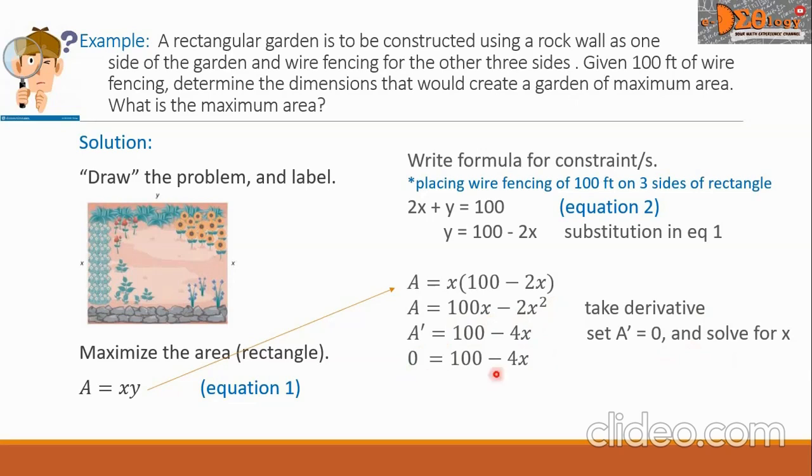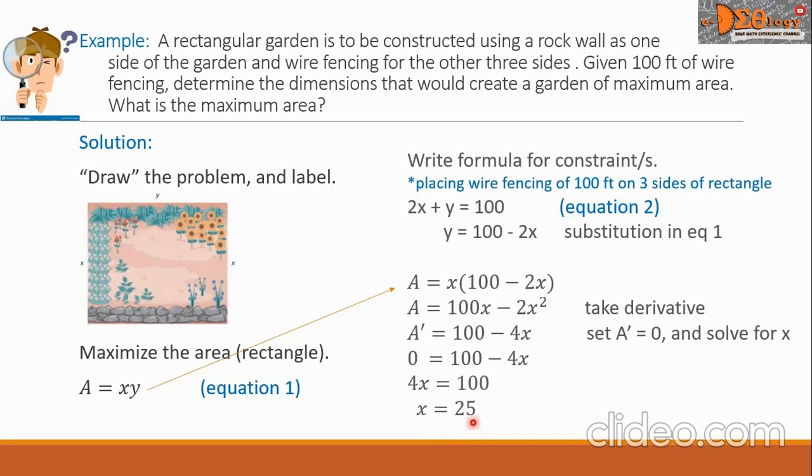Solving for x, let us transpose negative 4x to the left side. It becomes positive 4x equals 100. We want the value of x. Let us divide this equation by 4. So the x now becomes 25.